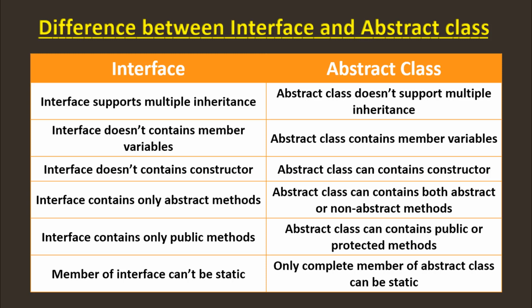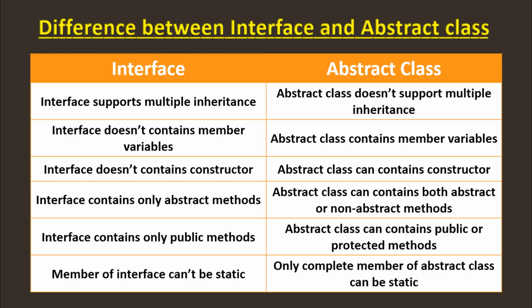Interface contains only abstract methods, whereas abstract class can contain both abstract and non-abstract methods. Interface contains only public methods, but abstract class can contain public or protected methods. Members of an interface cannot be static, but in an abstract class only a complete member of the abstract class can be static. So these are the differences between interface and abstract class.